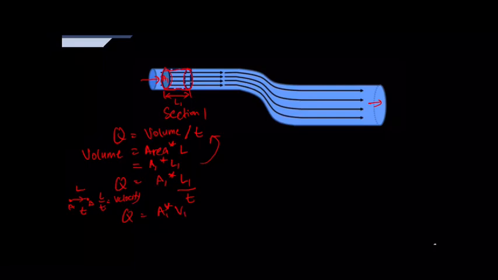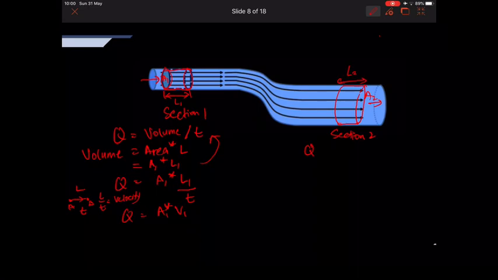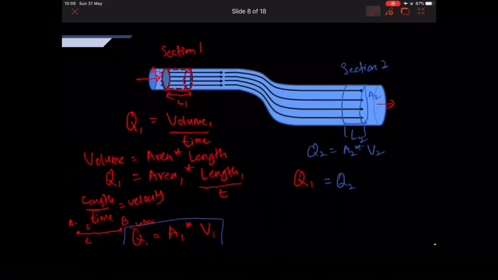The same thing I can do at section 2, and I can quickly tell that Q2 is equal to A2 times L2 over time. Whenever the flow moves from here to here, it always becomes Q1 equal to Q2, and definitely it becomes A1 V1 equals A2 V2.